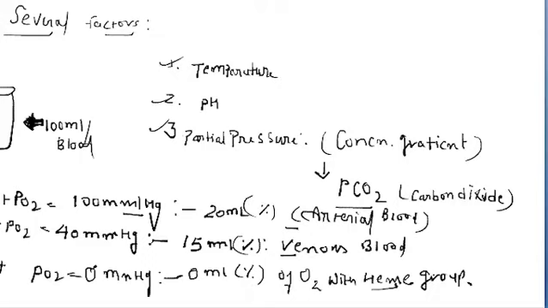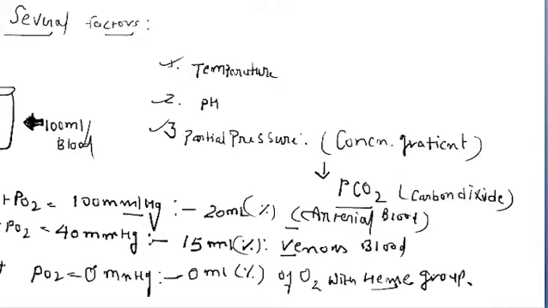This is the arterial blood. Remember, in arterial blood we have 100% saturation, but in venous blood we have 75% saturation. Only 25% of oxygen is unloaded.